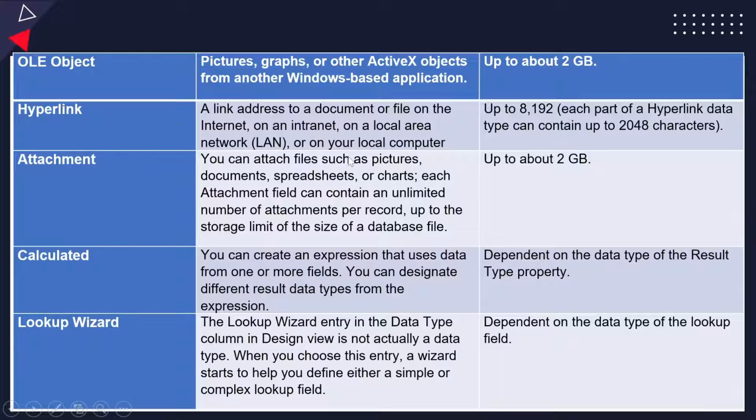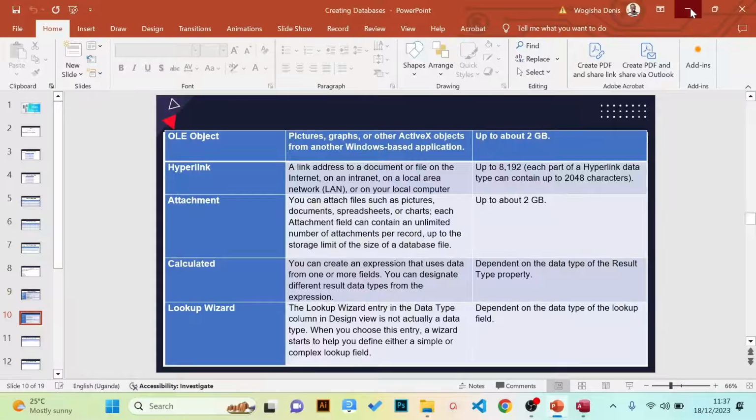Attachment will help us to store pictures, in case you want to add the student photograph, or receive students' documents, maybe a results slip, you can collect them using attachment. Then whenever we are calculating in a particular field, we'll use calculated, and finally we'll use lookup wizard to create drop down values.